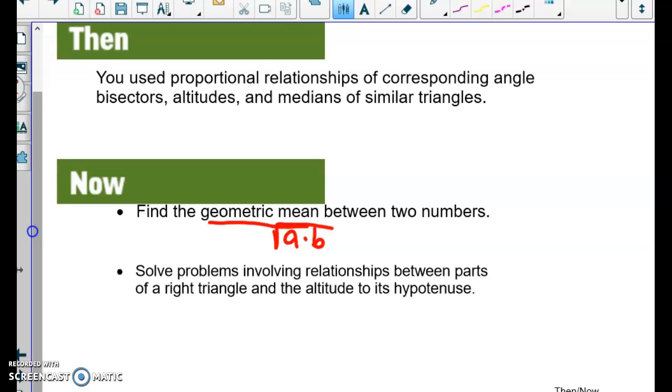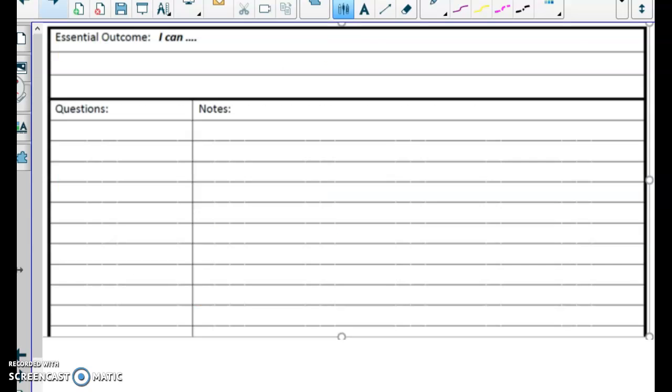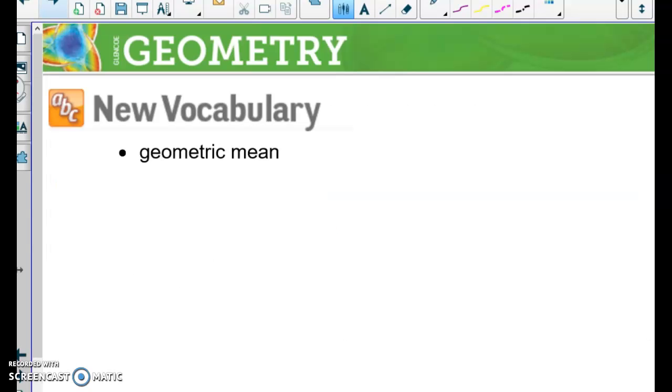And that'll give us what the geometric mean of those two numbers are. And we're going to solve some problems, a lot of finding parts of right triangles with altitudes in them. And we have a whole bunch of theorems that go along with that. So again, our geometric mean, instead of adding together and dividing by 2, we multiply together and square root.